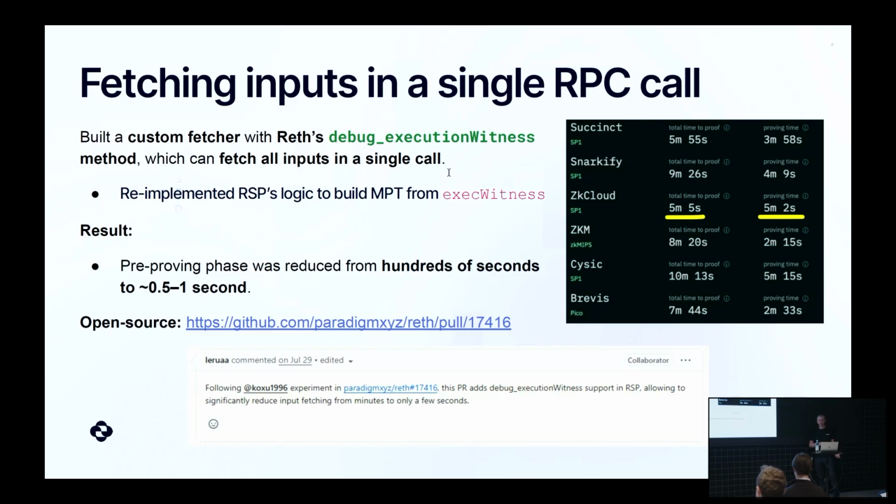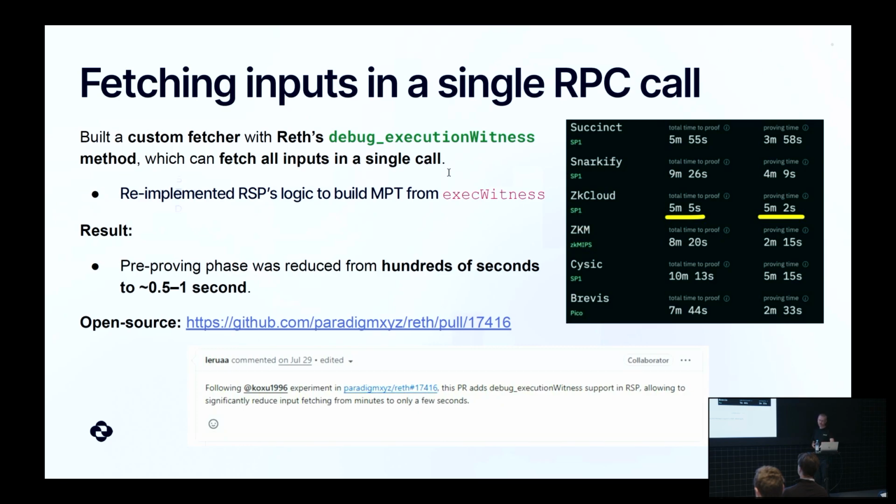However, implementing a new method meant that we also had to re-implement how the Ethereum prover binary builds the MPT from the execution witness. That was the main chunk of the work. But with this, from hundreds of seconds, we were able to go down to around 0.5 seconds for super large blocks. It's closer to 1 second, but it's been a huge improvement.